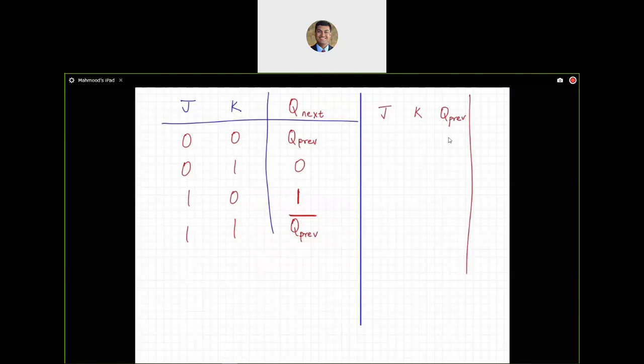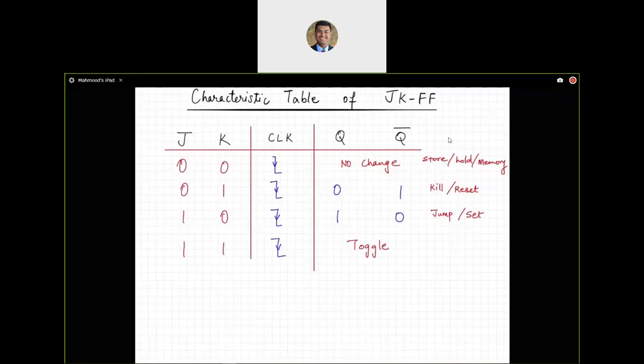Then we can monitor Q next as the output that we are interested in. To fill the table on the right, we are using the same information as laid out in the table on the left, which is also the same as the table that we talked about earlier, which we call the characteristic table. These are all characteristic tables of the JK flip-flop. Some are very concise, some are very detailed, but they're all variations of the JK flip-flop characteristic table.